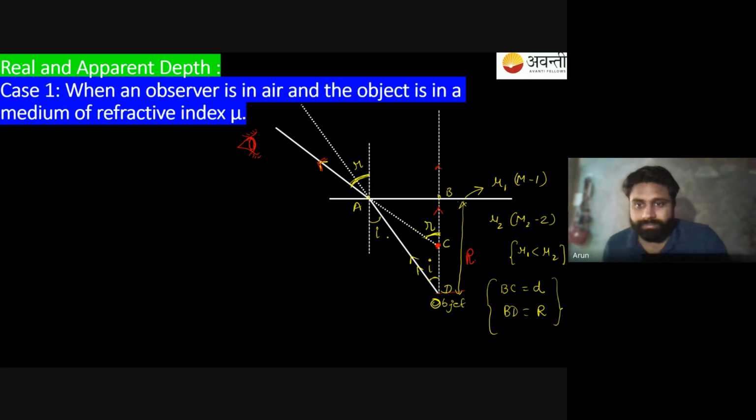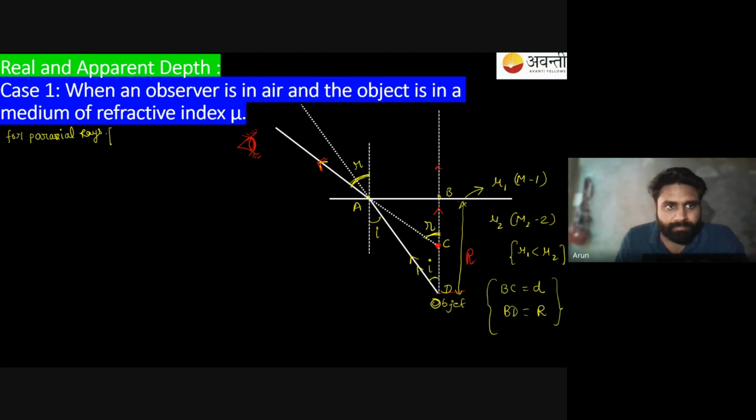So here we are going to apply that for paraxial rays, sin I is approximated to tan I, and sin R is also approximated to tan R. Got it?